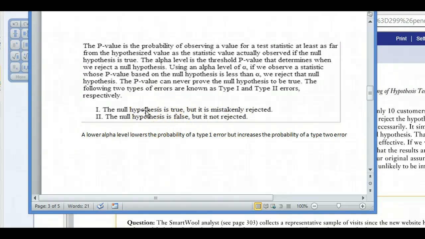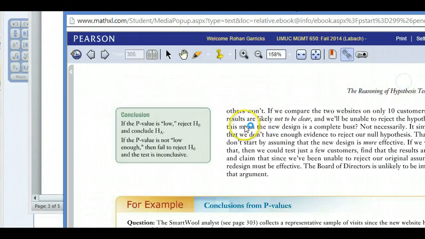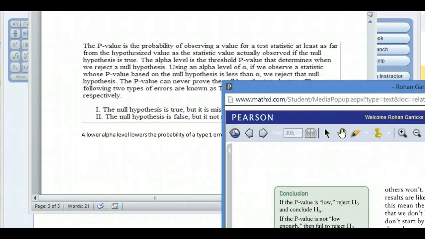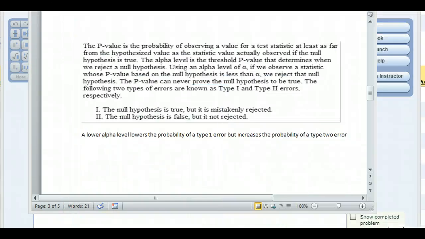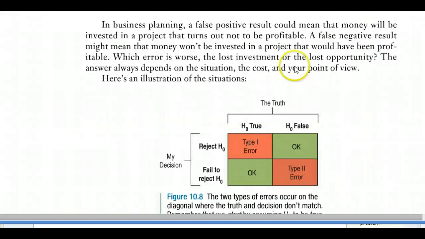The null hypothesis can either be true and it is mistakenly rejected, or the null hypothesis is false and it is not rejected. The other two possibilities would not include any type of error whatsoever. So that's some little tips that should help you with these questions. And these are detailed on page 317.